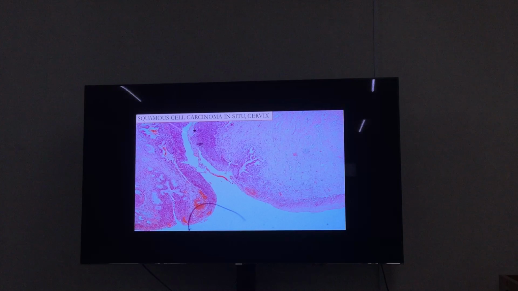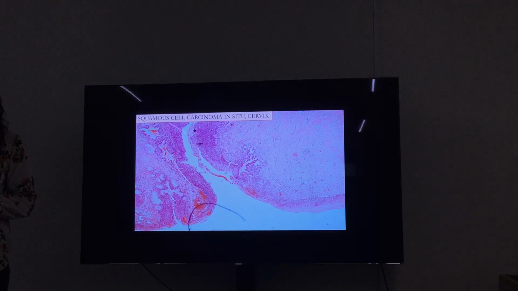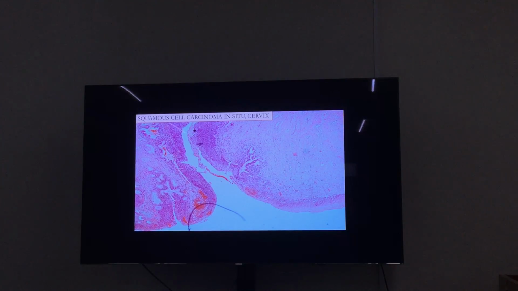Okay, so in situ. So you can see features of malignancy but confined within the epithelial layer. So that's in situ, carcinoma in situ. So this is a precursor lesion for squamous cell carcinoma or invasive squamous cell carcinoma. And this condition is also associated with your human papillomavirus infection.